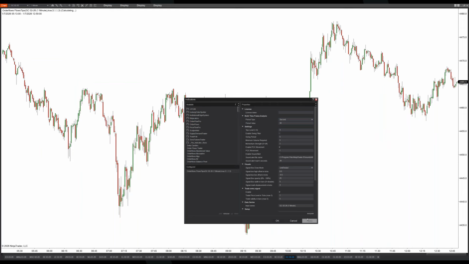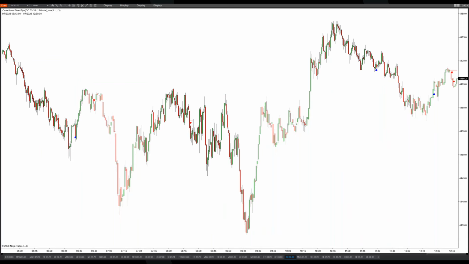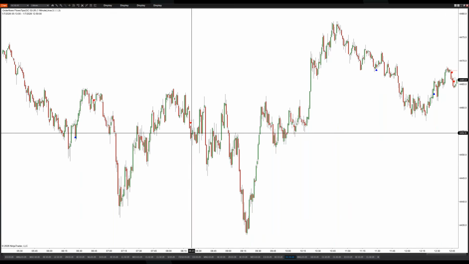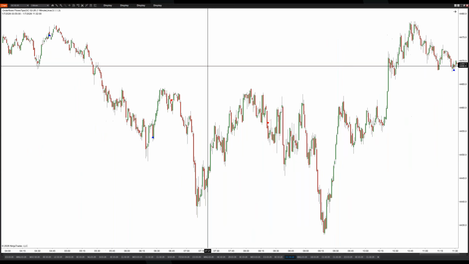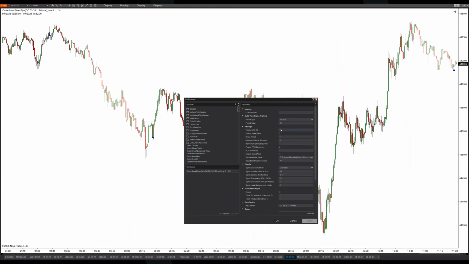Excuse me, I've got to drink something. Okay, here's giving some bearish signals here, bearish there. What I would do if I'm looking at a market from scratch is set the settings as low as possible, 0, and see how it looks.